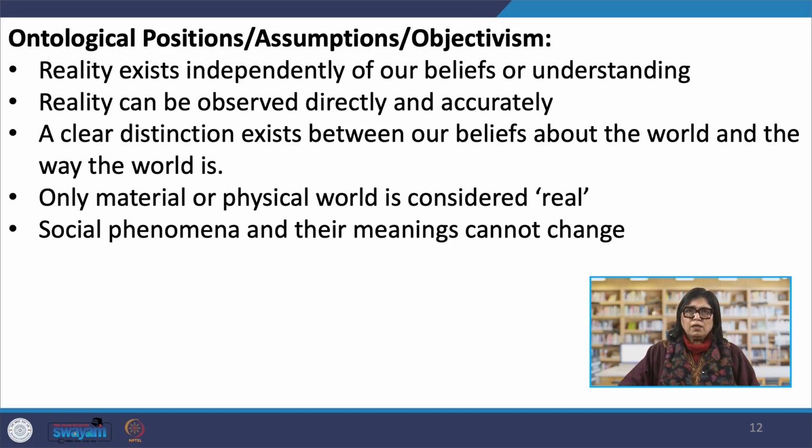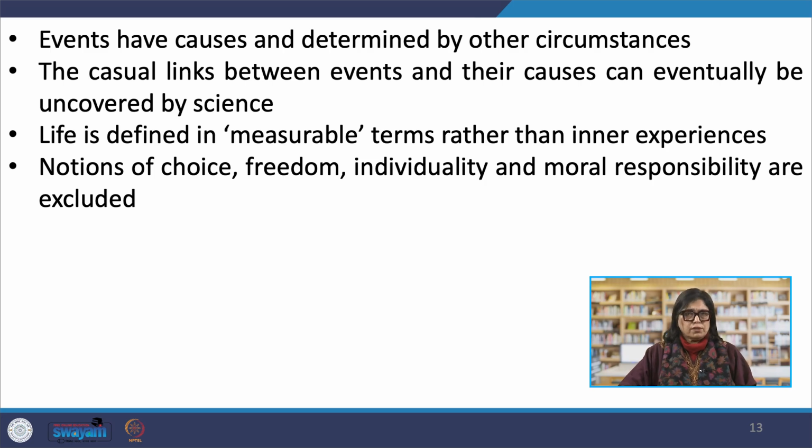Social phenomena and their meanings cannot change. Events have causes and are determined by other circumstances. The causal links between events and their causes can eventually be uncovered by science, that is objectivism. Life is defined in measurable terms rather than inner experience. Research is concrete. Notions of choice, freedom, individuality, and moral responsibilities are excluded.